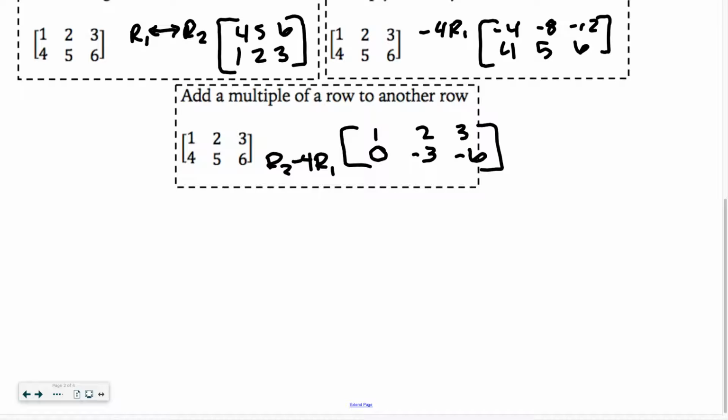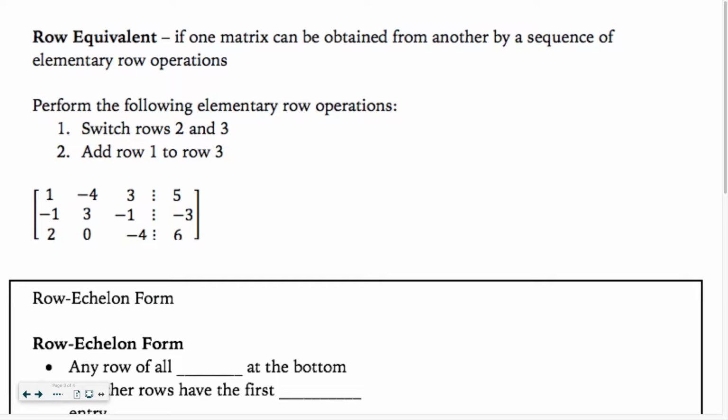So that'll be something interesting that we'll see. Okay, so next page talks real quickly about row equivalents. Basically, it's just saying if you use those 3 basic row operations that I just gave you, you're making your matrix look different, but essentially your matrix is holding the equality of the original system or matrix.